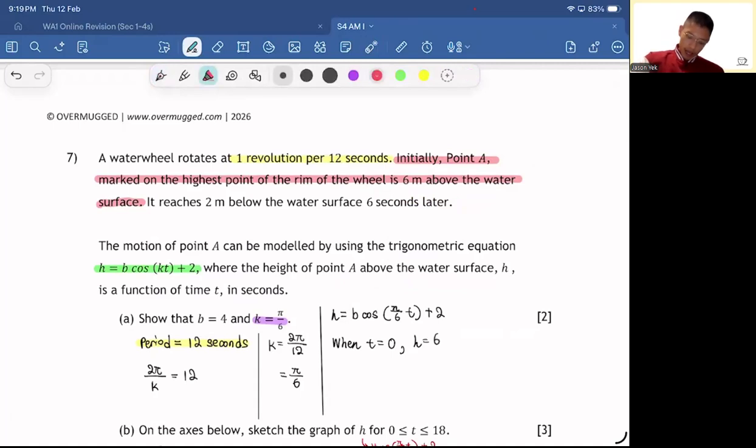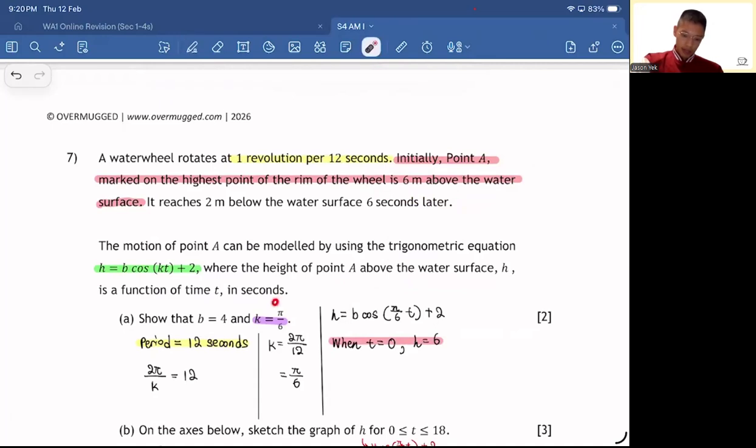So when you want to find the amplitude after you find the value here, just sub in the point. Don't use highest value minus lowest value. You're going to get confused. By right, it's maximum value minus minimum value divided by 2 for amplitude, which is going to get very confusing. Don't do that. You're going to get more confused.